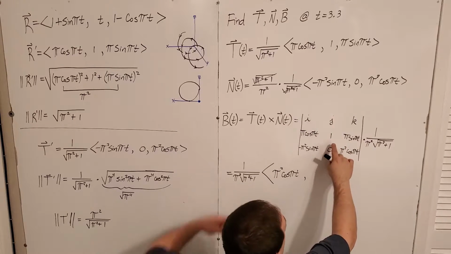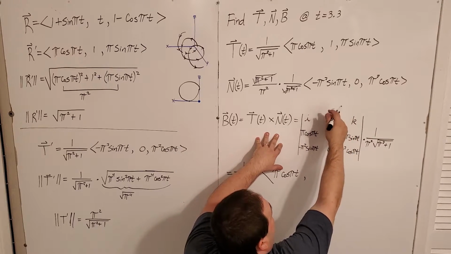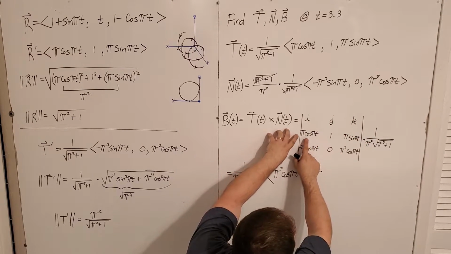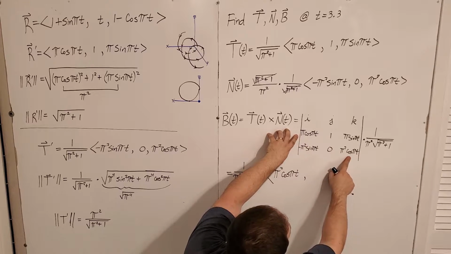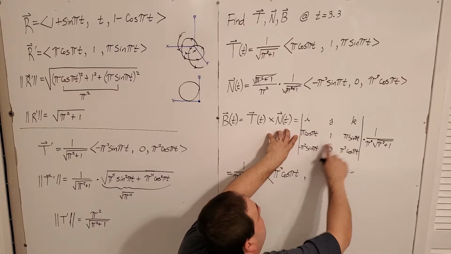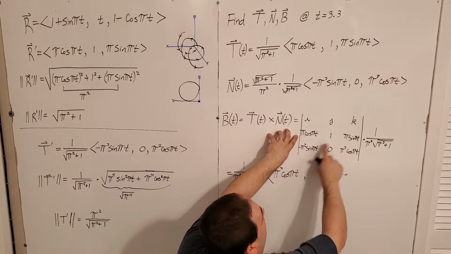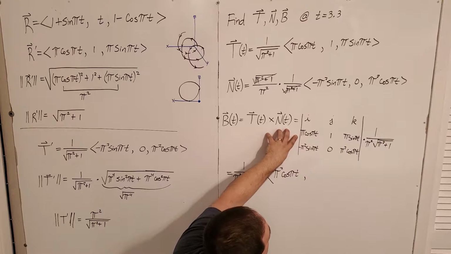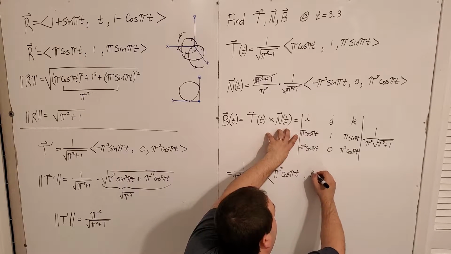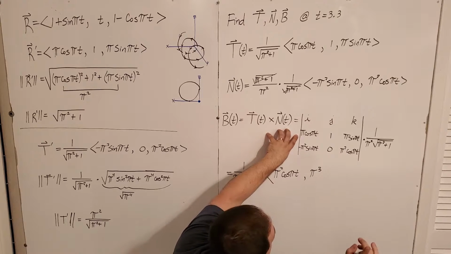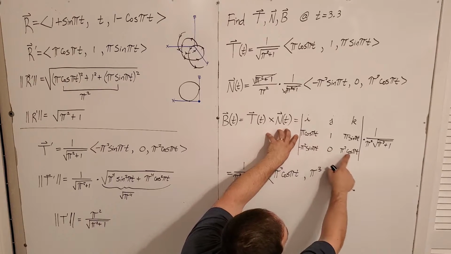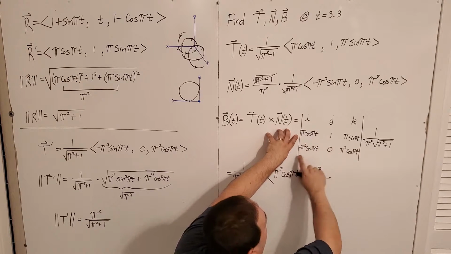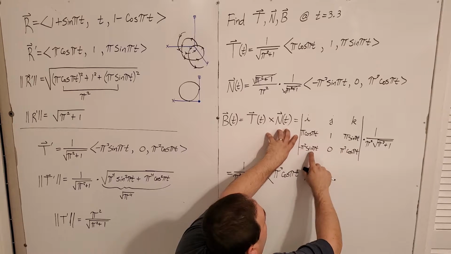Next for the j, don't forget it's actually alternating, so I'll have a negative, and then I'll have pi cubed cosine pi t squared plus, because of the double negative, pi cubed sine squared pi t. I'm going to end up with pi cubed. Again, let me go through that. That's giving me a cosine squared plus, because of the double negative, a sine squared.